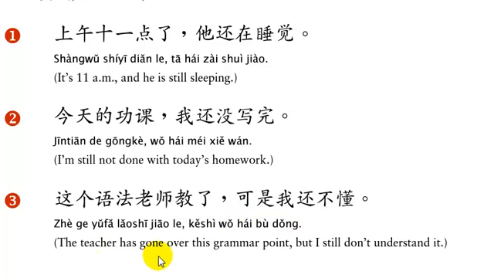The teacher has gone over this grammar point, but I still don't understand it. 这个语法, this grammar, 老师教了, the teacher has taught it. 可是, but, 我还不懂, I still don't understand. That's the use of 还 for still.